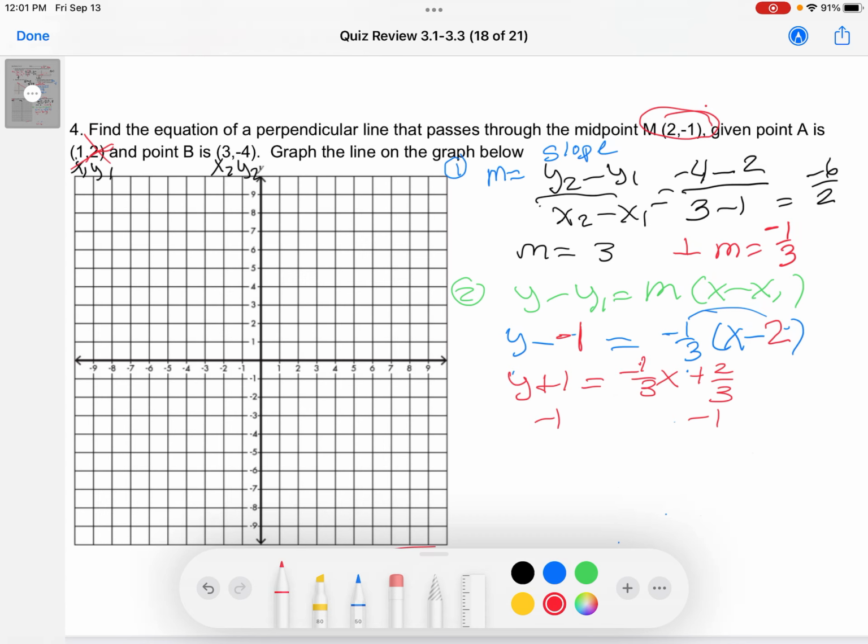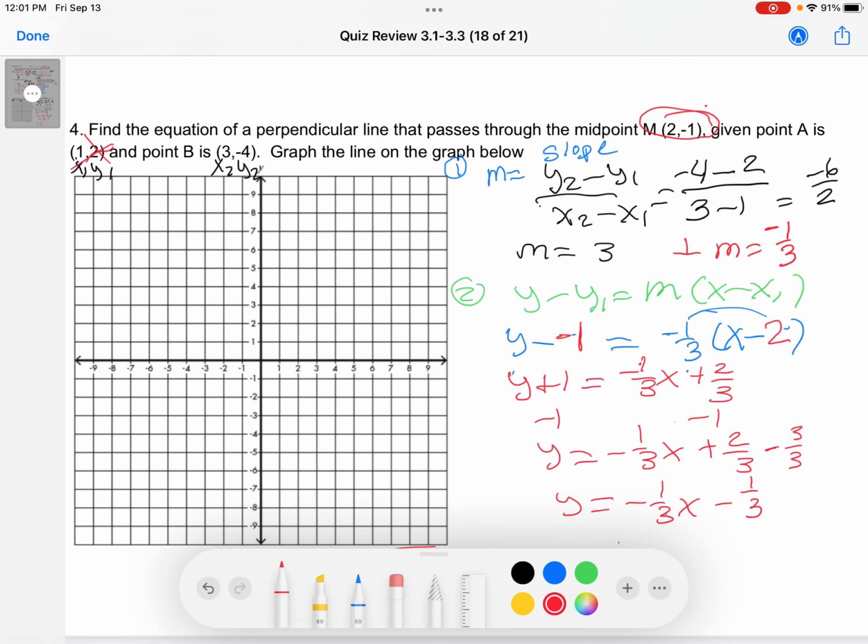Now I'm going to subtract 1 to the other side. So y equals -1/3 x plus 2/3 minus 1. If I want to make a -1 into a common denominator, it's -3 over 3. So y equals -1/3 x minus 1/3.